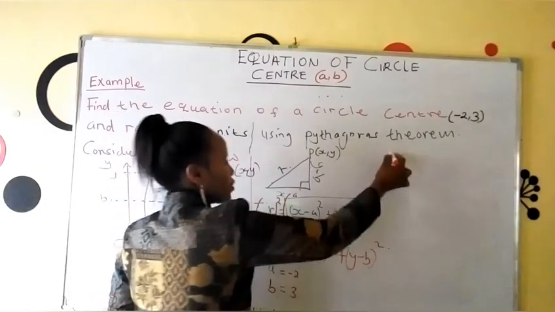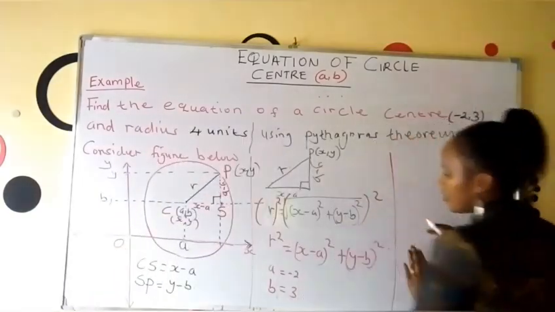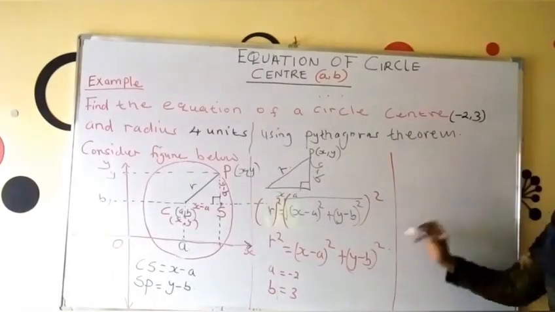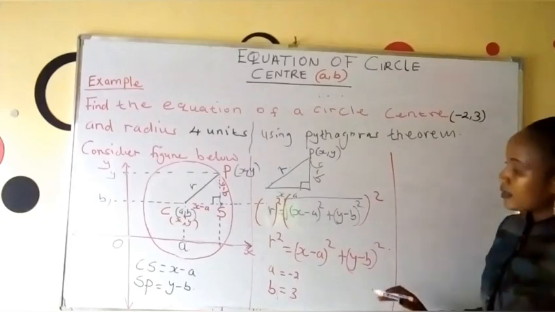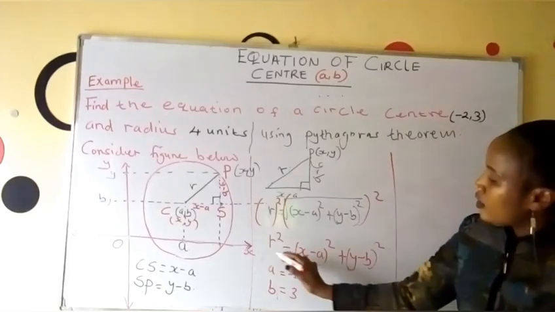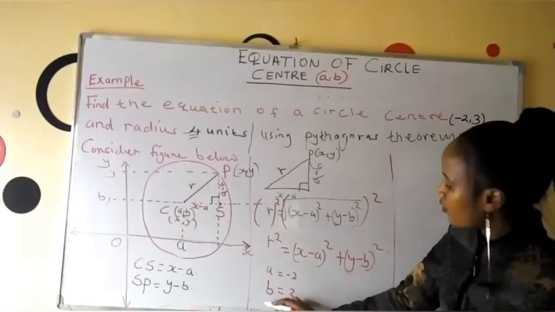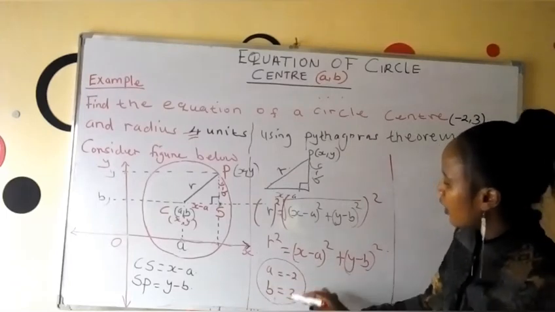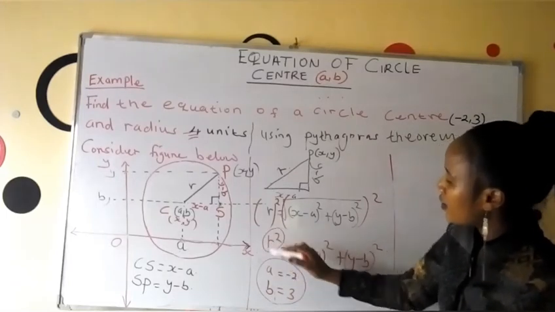So we are going now to substitute so that we can get the equation that is required. Already we have the values of a and b and the value of r.